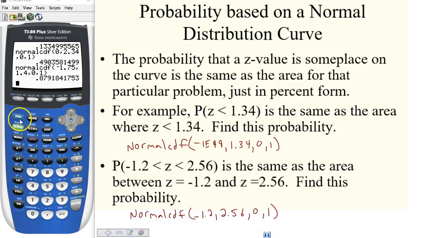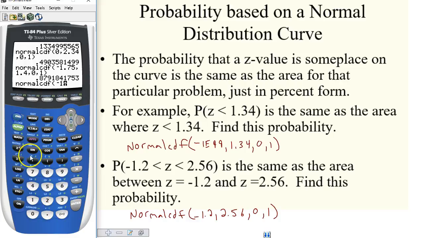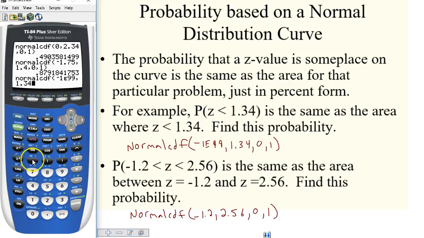Let's see if we get that in our calculator. -1 E99, comma 1.34, comma 0, comma 1. Yep, 0.9099. So in this case, the table was a little bit faster, wasn't it?